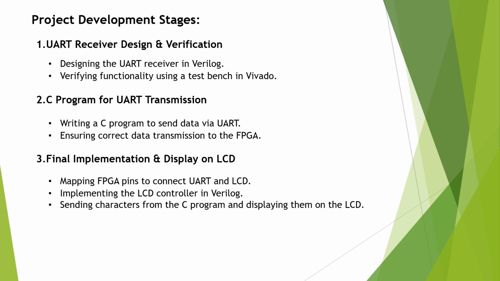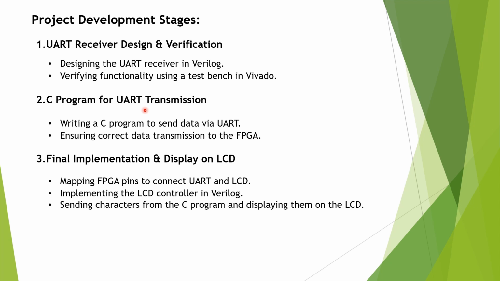Now we will see our project development stages. Our project development is broadly classified into three parts. Here is a quick review. The first part is UART receiver design and verification. Here we will implement the UART receiver in Verilog and test it using a test bench in Vivado to ensure correctness. Next stage is the C program for UART transmission.